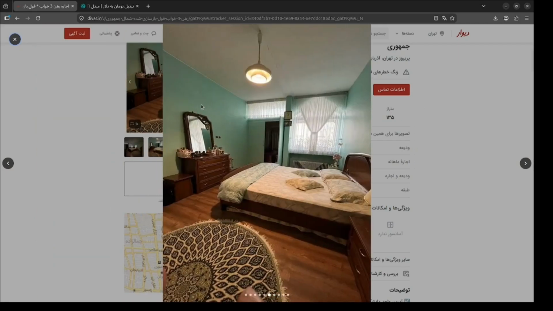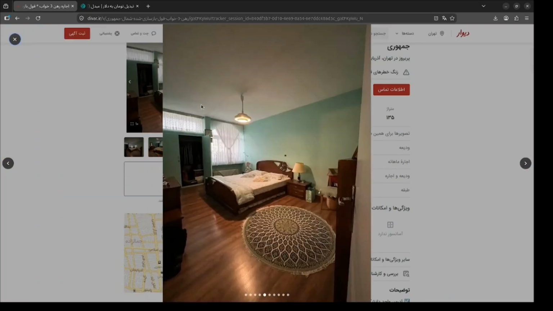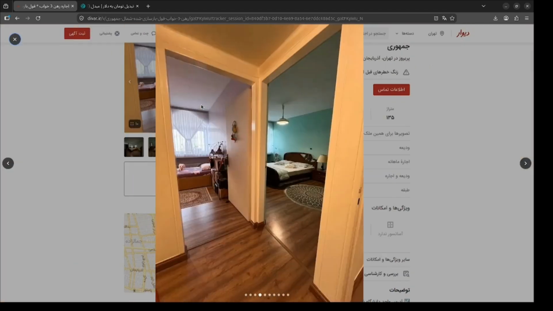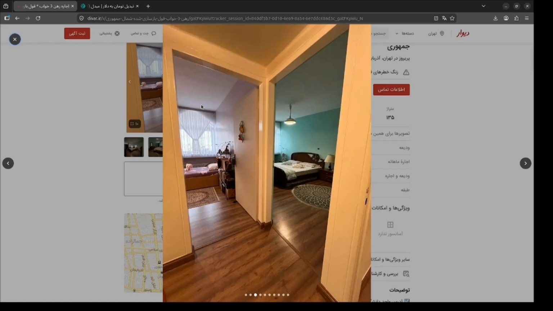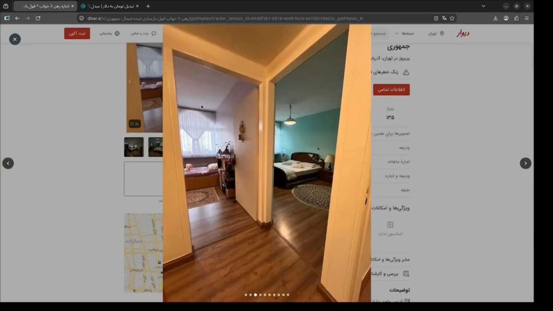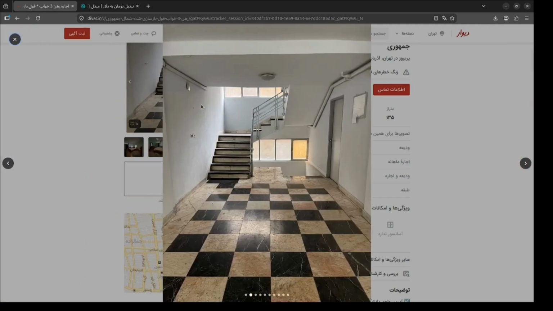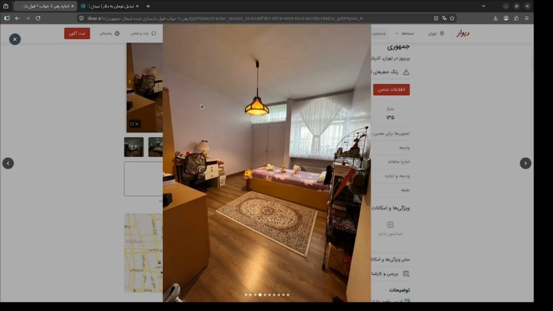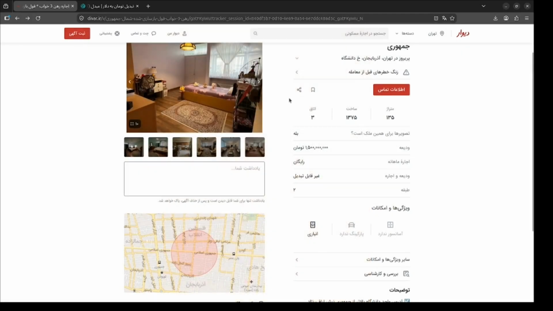A big bedroom. Yes, it's really perfect. They just made a few changes to the house and it looks a little bit modern, but as I said, since it is an old house, we don't expect more.